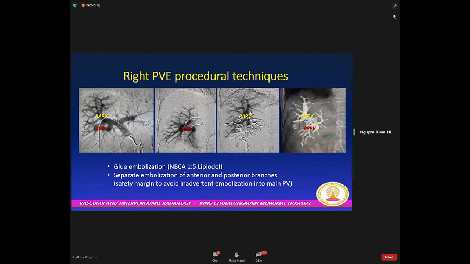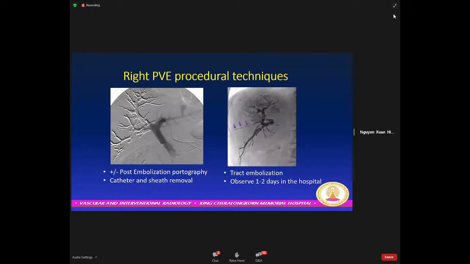Glue mixture preparation ratio is glue to lipiodol of 1:5 in order to ensure the peripheral embolization. Tract embolization can be done along with sheath removal when you perform ipsilateral approach, but when you perform contralateral approach, you have to be careful with tract embolization in order to prevent FLR vascular injury.